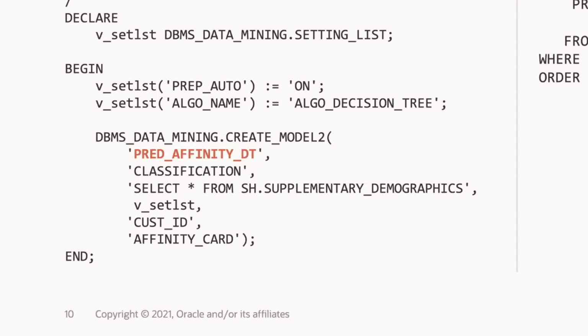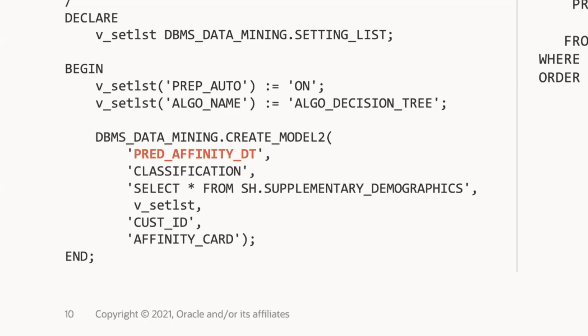I'm passing a query as my input data set, doing a select star from a table. I'm giving it a list of options. Those options or settings are the v_setlist that you see on the top. There's automatic data preparation on, and the algorithm name, in this case, is a decision tree.